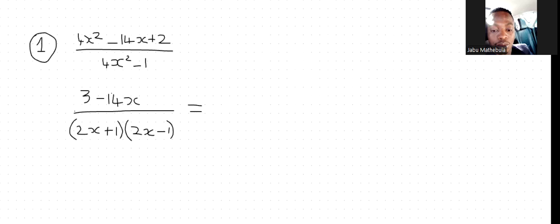Then this means that we're going to have something over 2x plus 1 plus something over 2x minus 1. So we want to find that something here. Let's call this one A. Let's call this one B. So we want to find what is A, what is B.